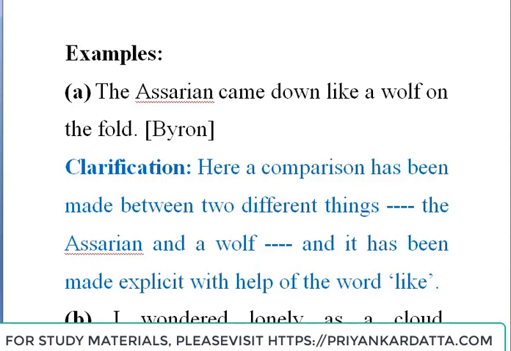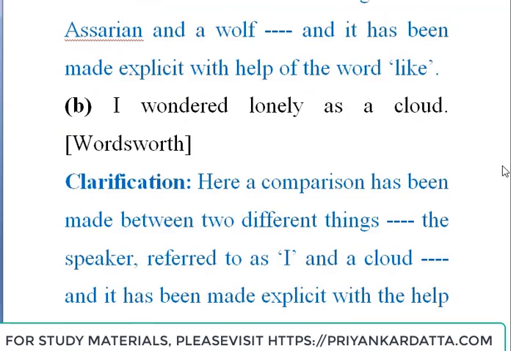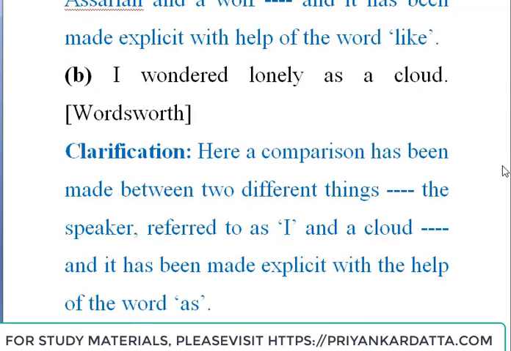Now we shall move to the second example of simile. The second example is from a poem by Wordsworth. The name of the poem is The Daffodils, and the expression which I have chosen here to explain the use of simile is, I wandered lonely as a cloud. This is the first line of the poem which I have just mentioned.